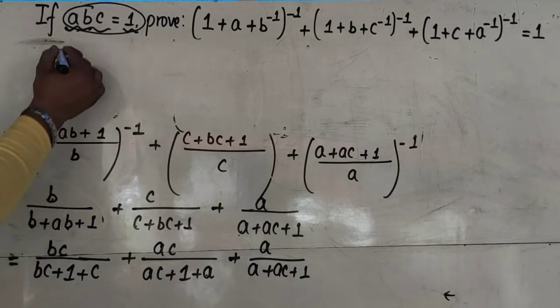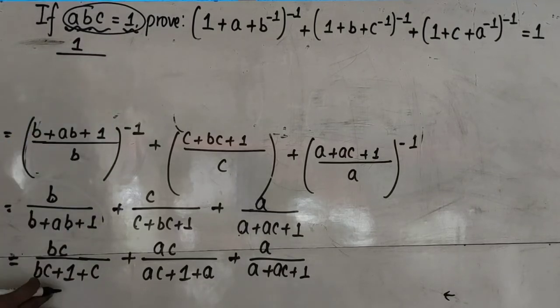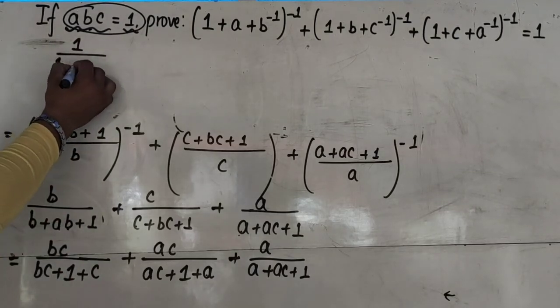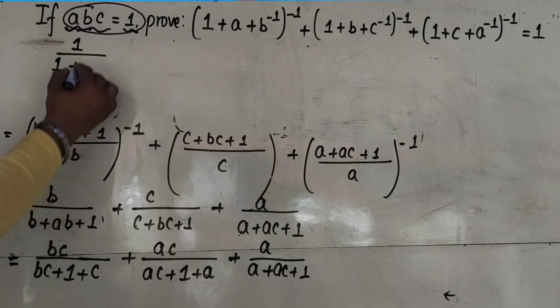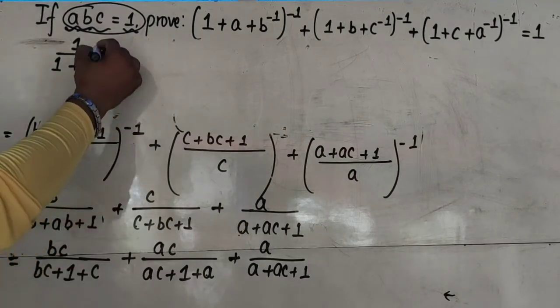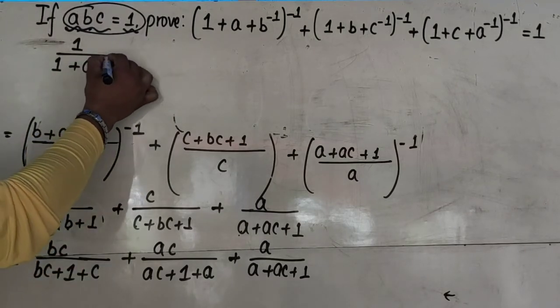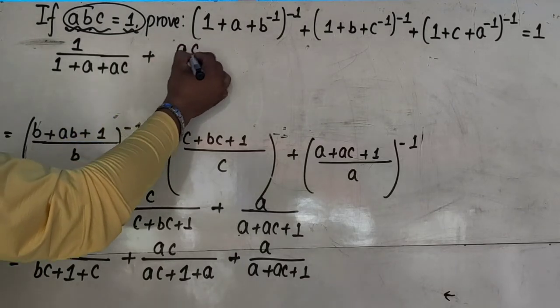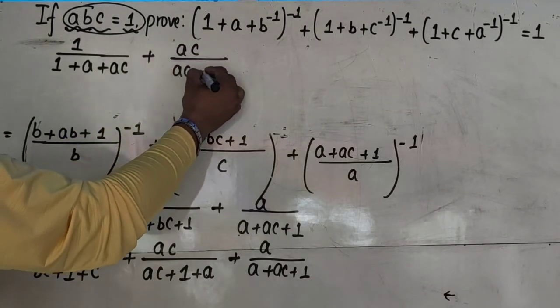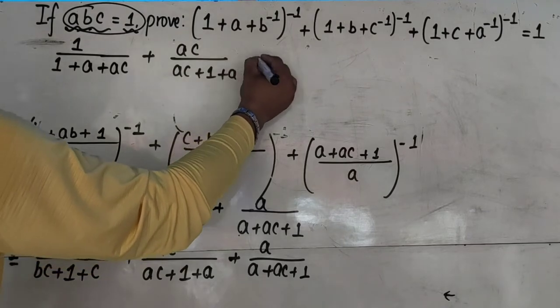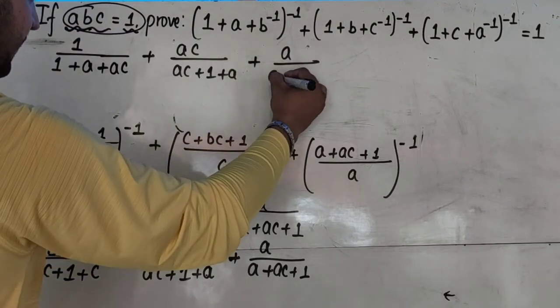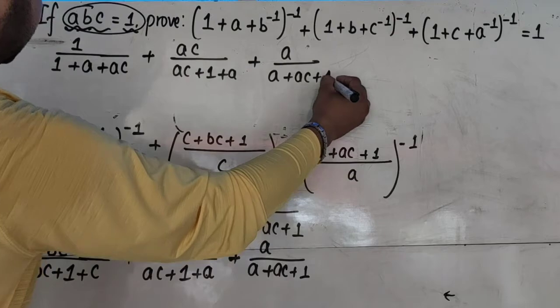A into BC gives ABC, which is 1, A into 1 gives us A, and A into C gives us AC. All the things being the same, we have AC plus 1 plus A, plus A plus AC plus 1.